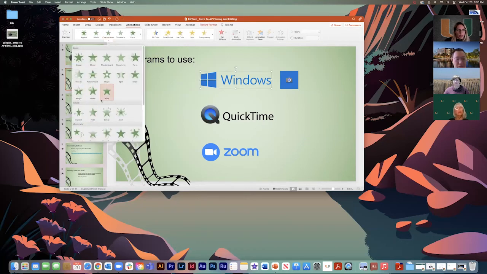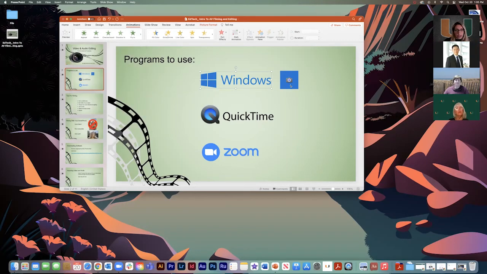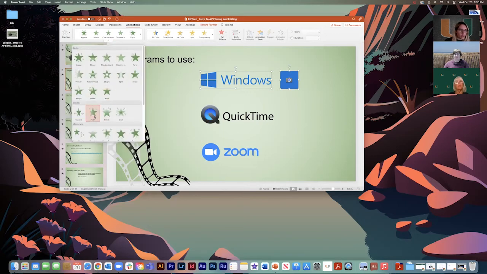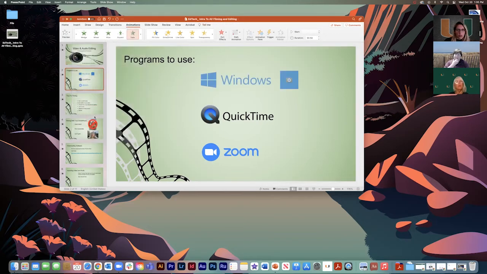So you go to animations and select fade as always. I wouldn't choose anything too distracting like the rest of them. And then it just fades in. And as you click through each of them, that is the order that they will show up as you click through your PowerPoint.